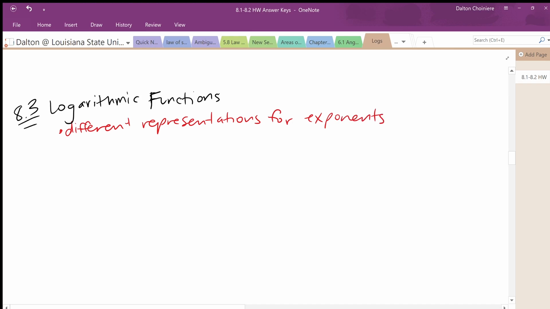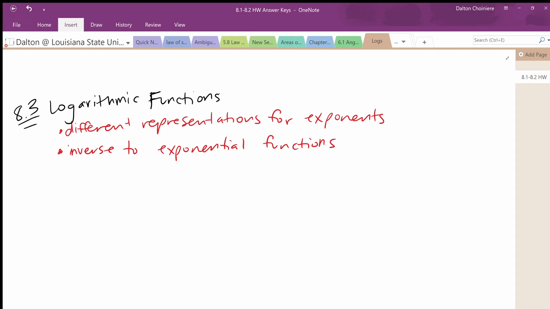Okay. Another very important factor we're going to talk about in detail in a moment is that logarithms are inverse to exponential functions. So not only are they just a different way to write exponents, they're actually the inverse to exponential functions. So by definition, this is one of the biggest things that we're going to talk about today.